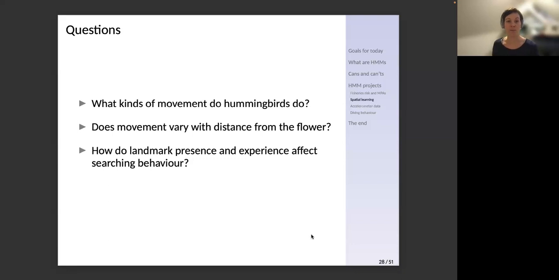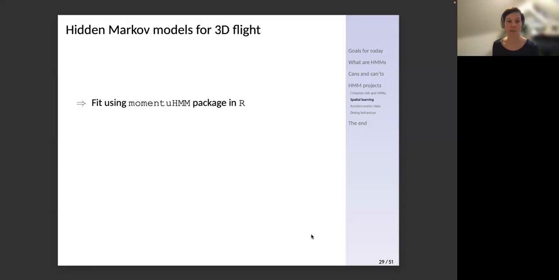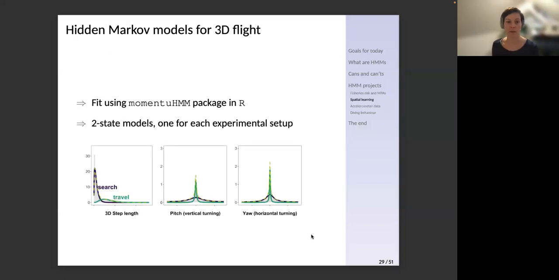So our questions were, what kind of movement do hummingbirds do? Does movement vary with distance from the experimental flower that they learn to visit? And how does landmark presence and experience affect searching behavior? Again, we fitted this using momentuHMM. So again, we had two-state models, and this is typical when you don't know a lot about the system.